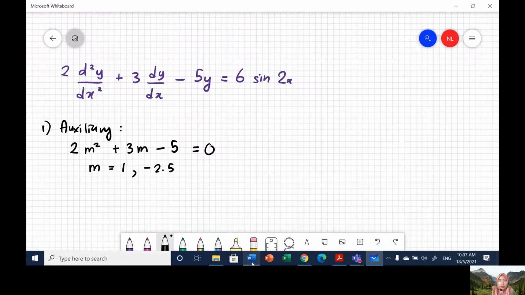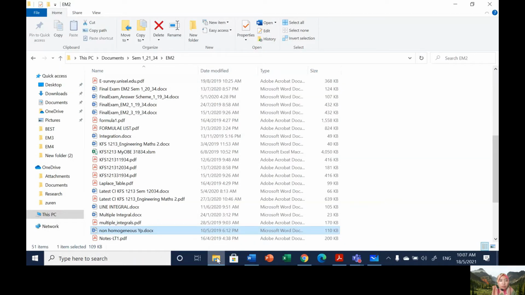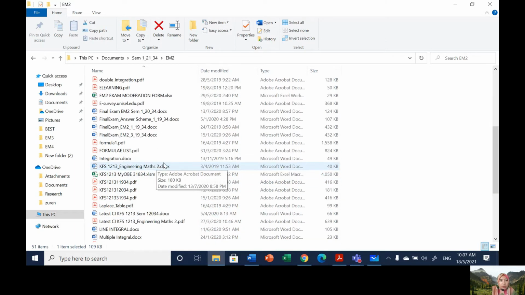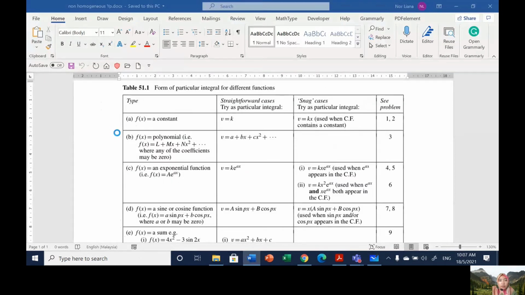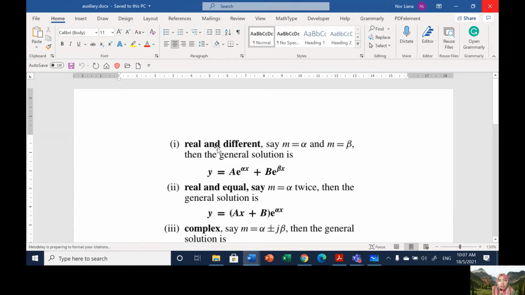For the form of our auxiliary, the complementary function will be written here. Real and different: A e to the something, and then plus B e to the something.